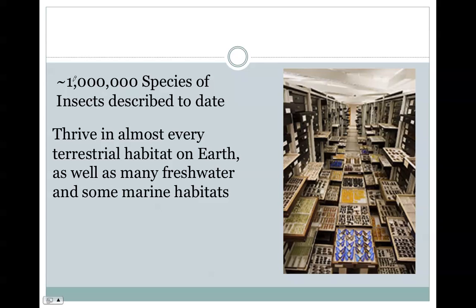So we've described approximately 1 million species of insects to date, and they are the most successful group of organisms on Earth. They've been around for quite some time and will continue to be around for quite some time. They inhabit most every terrestrial habitat on Earth, and they are also found in freshwater and marine environments as well.